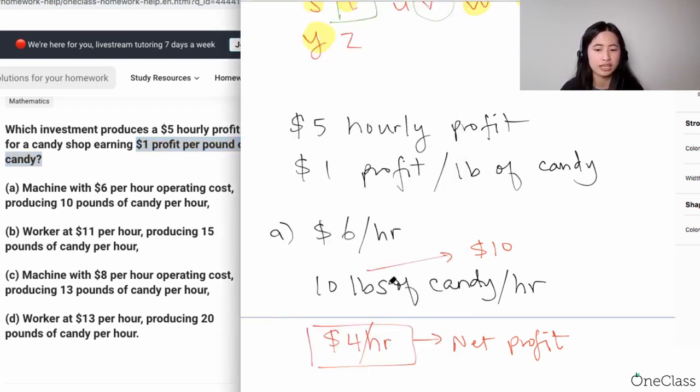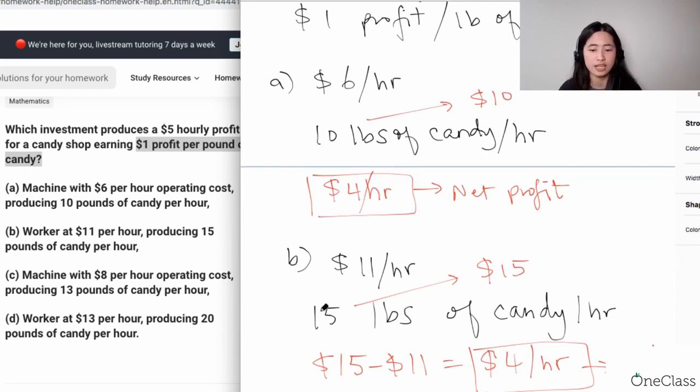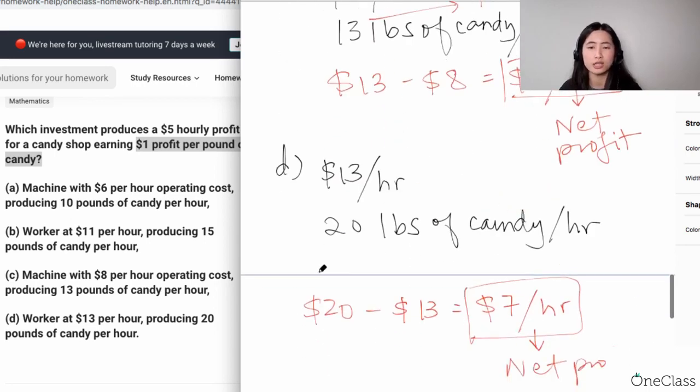That's why I get $10 every time I'm producing 10 pounds of candy. Make sense? And this is 15 because it's 15 times 1. For 13, that's 13 times 1, that's why it's $13. And for 20, that's why it's $20. Great.